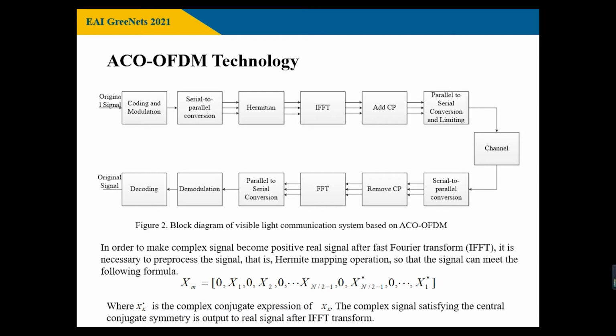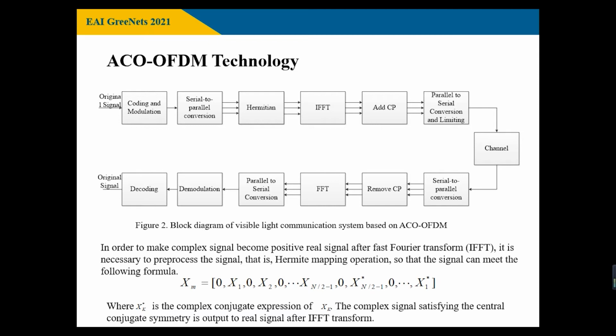Figure 2 shows the specific process of the ACO-OFDM system at the transmitting end. The original signal is first subjected to channel coding and PSK or QAM modulation. The mapped signal is serial-parallel converted into a parallel data stream, and the pilot signal is inserted.